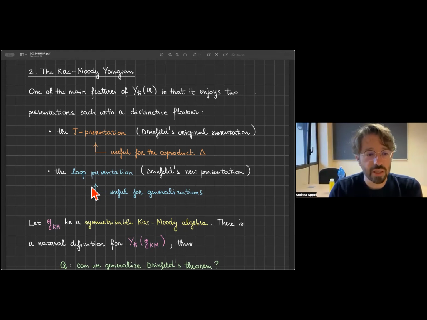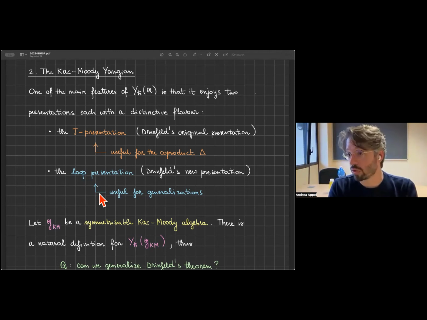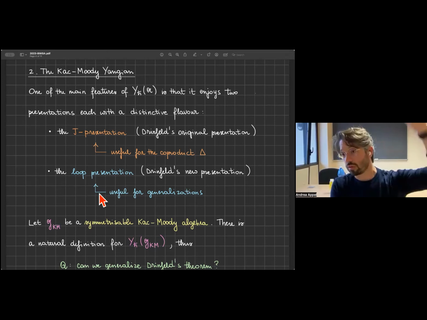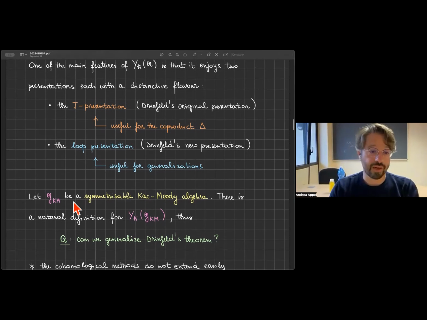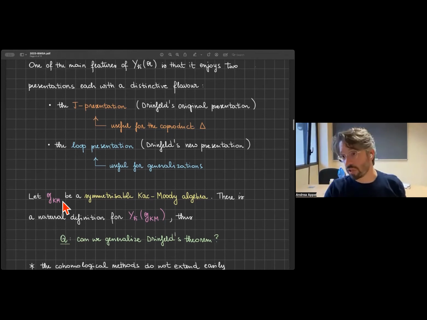And all these relations are actually described in terms of the entries of this Cartan matrix. So in particular, one can use this loop presentation of the Yangian for a finite dimensional simple Lie algebra and say, well, okay, now I will take exactly the same kind of presentation, but where I'm replacing a finite type Cartan matrix with a symmetrizable generalized Cartan matrix corresponding to a more general, possibly infinite dimensional symmetrizable Kac-Moody algebra.